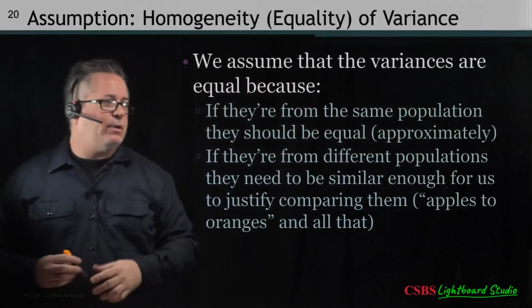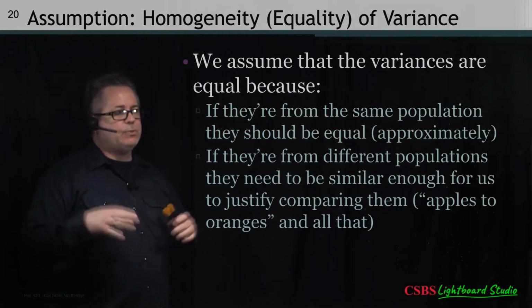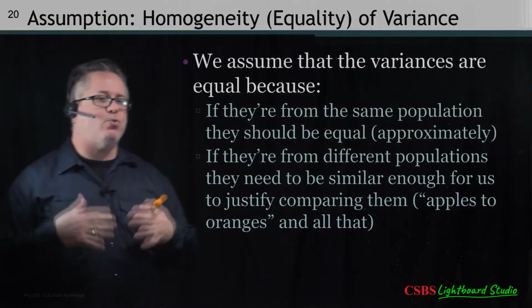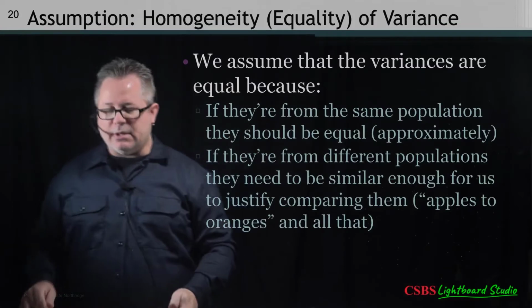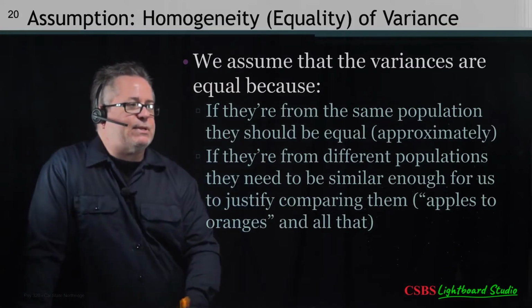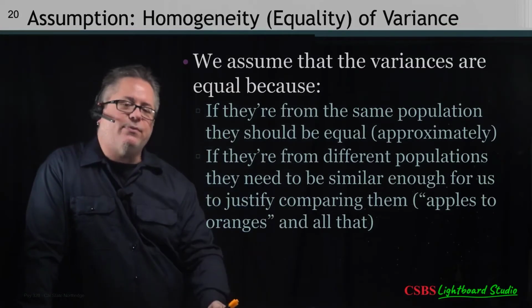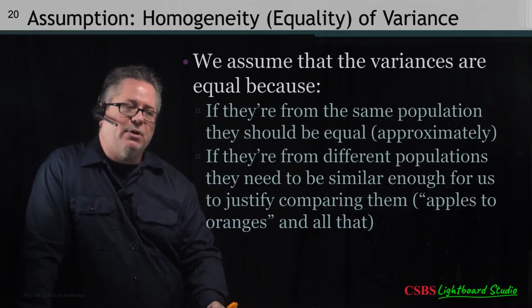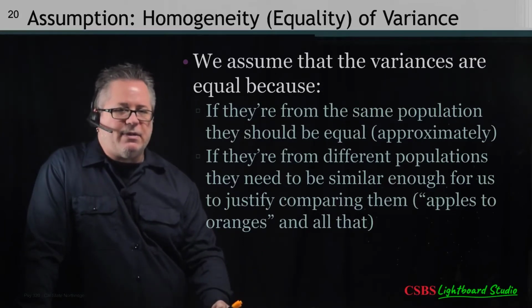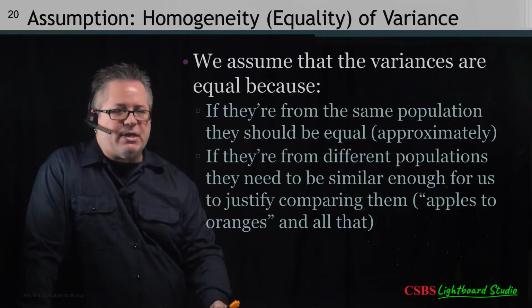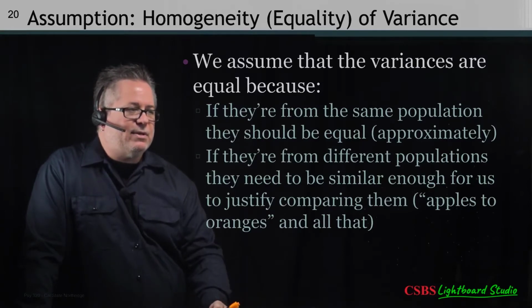All right, so we assume the variances are equal. The reason why we have this homogeneity or equality of variance assumption is because if we're pulling two different samples from the same population, then they both should be estimating the same population standard deviation or population variance, so they should be equal.